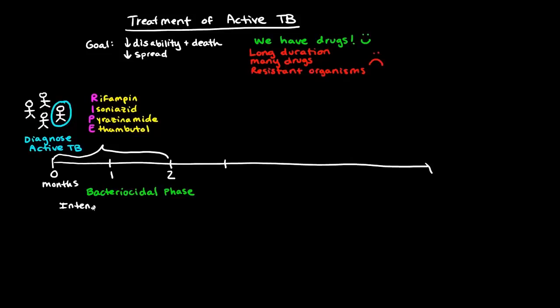Then if all goes well, we back off to just 2 drugs for the ensuing 4 months. And the 2 drugs are rifampin and INH. And that's sort of the consolidation phase of therapy. We can use fewer drugs because we've killed the bulk of the tuberculous organisms, hopefully, in that first 2 months.